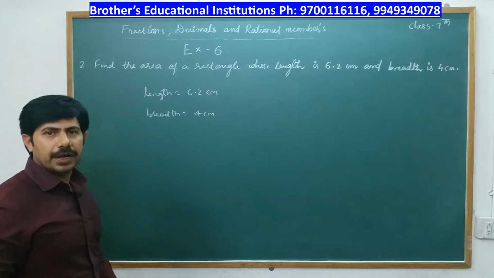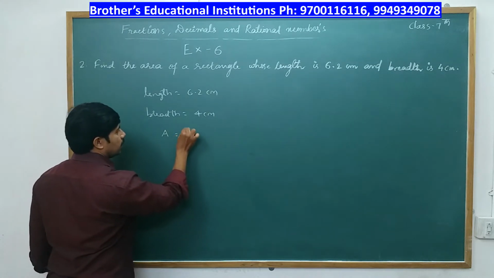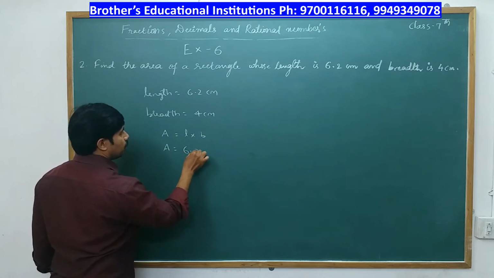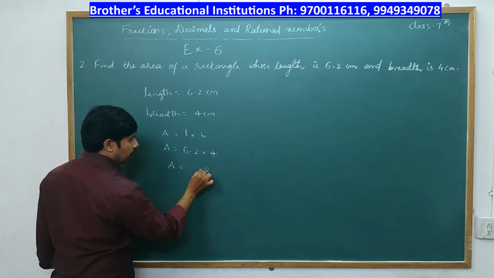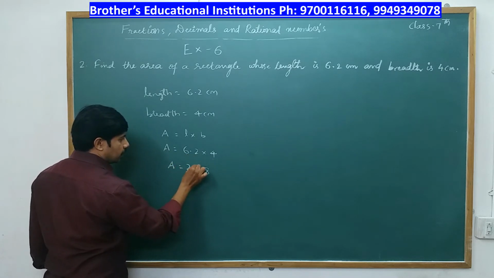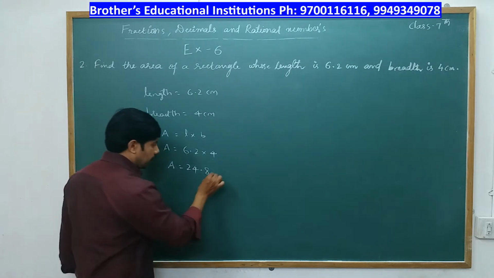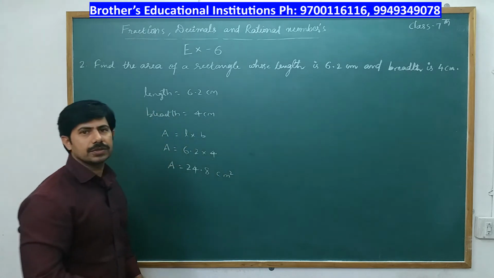Now we need to find the area. Area of rectangle is L into B. So A is 6.2 into 4. So we multiply 4 twos are 8 and 4 sixes are 24. So we get the area of rectangle is 24.8 centimeters square. Okay, so this is completed.